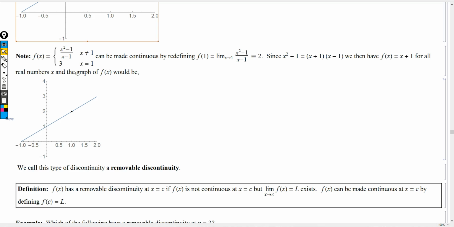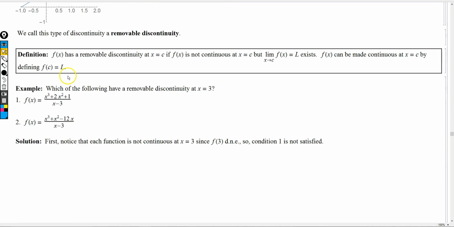Alright, so here's our definition for a removable discontinuity. We say f of x has a removable discontinuity at x equaling c if f of x is not continuous at c, but the limit does exist.